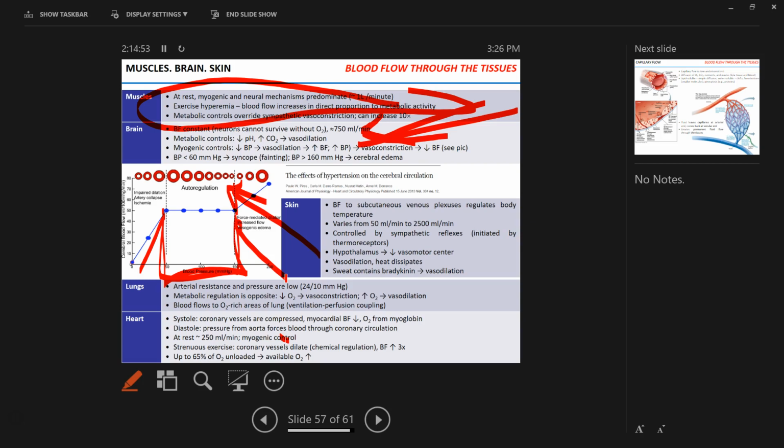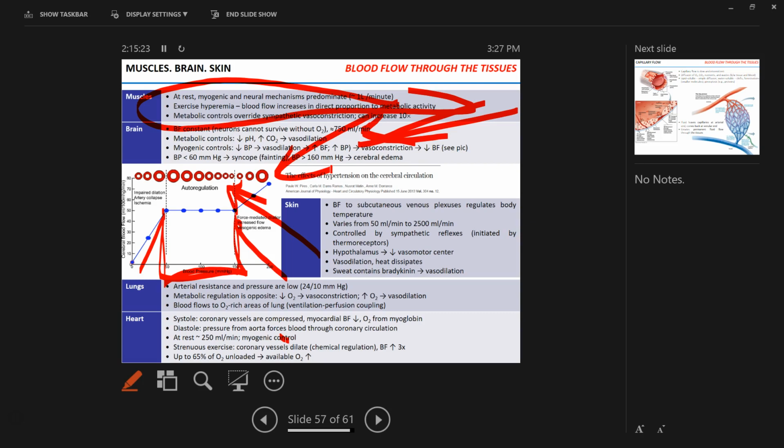If blood pressure goes above 150, what's going to happen? They cannot constrict anymore. They practically give up and start to dilate in response to increased blood pressure. Blood rushes into the capillaries, damages them, brain edema. Does that make sense? But autoregulation is very neat. We're good about it.